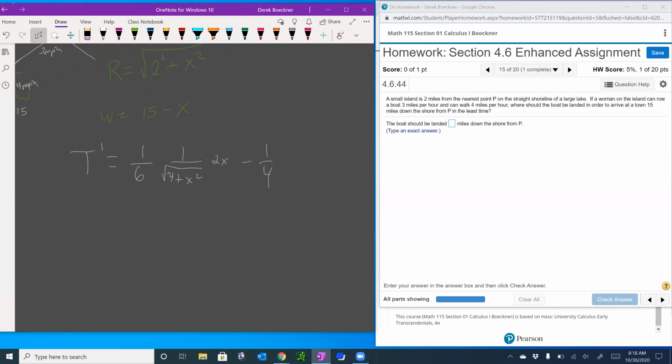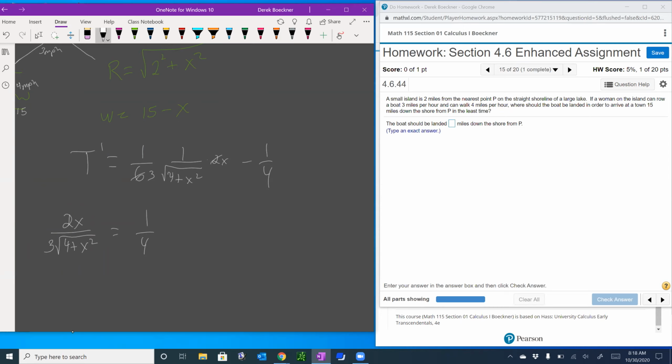Okay. Can simplify things a little bit. That's going to turn this into a 3. So if we set this equal to 0, I get that 2x over 3 square roots 4 plus x squared equals 1/4.